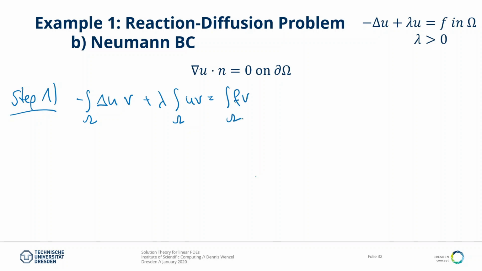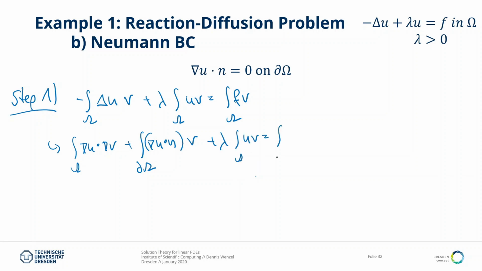And now we again need to apply the Gaussian theorem that gives us gradient of u times gradient of v plus the boundary integral, gradient of u times n times v, plus lambda u v equals the integral over f and v.